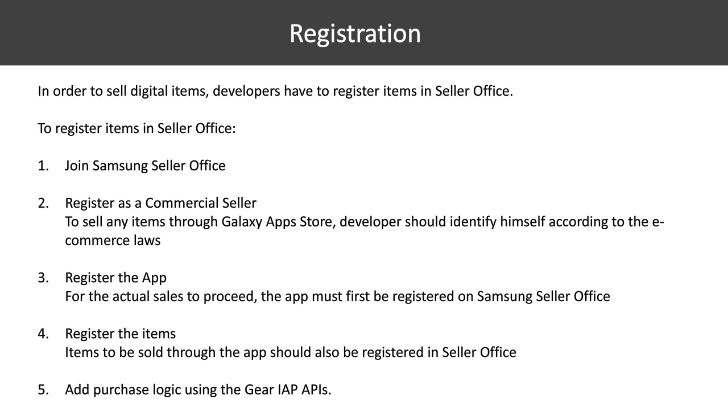Once you have become a commercial seller, you can register your application in the Seller Office. Then you also have to register the items that you're going to sell through your application. Once you have done all these registration steps, you can start using the Gear IAP APIs to decide how the actual purchase transaction logic should work.